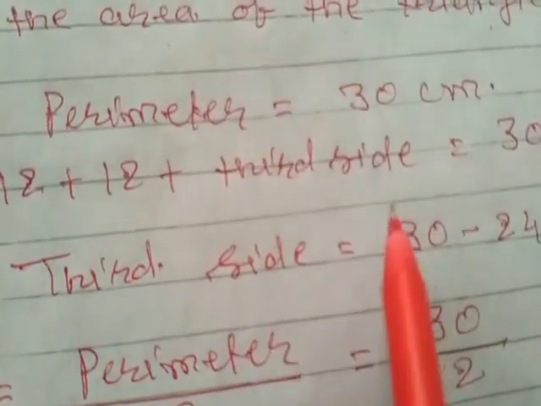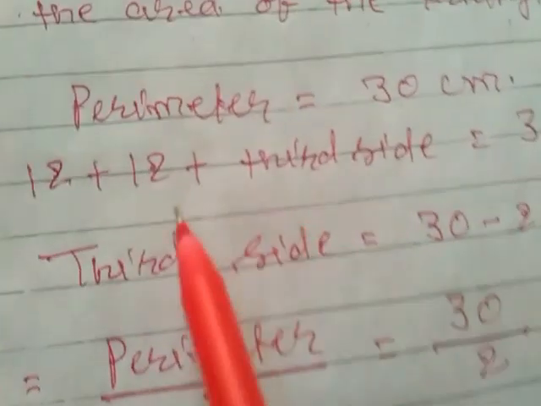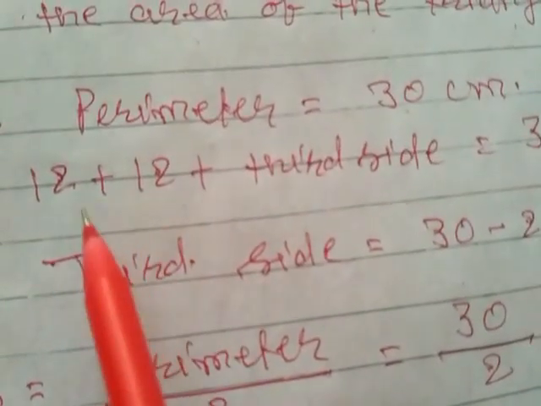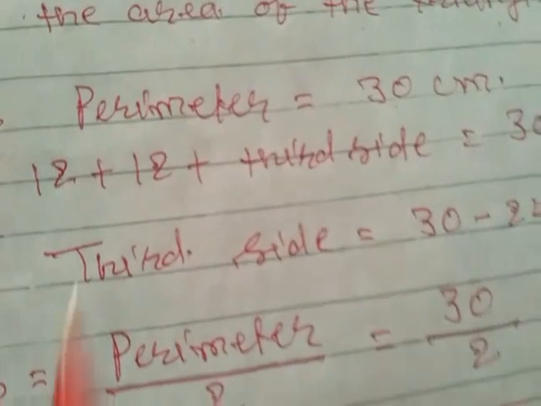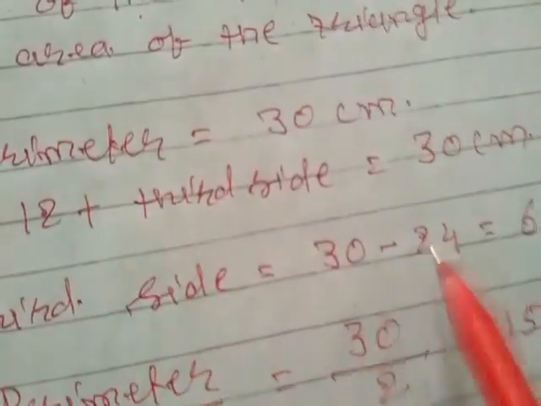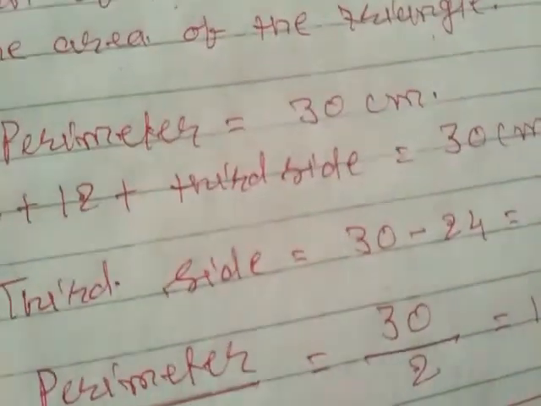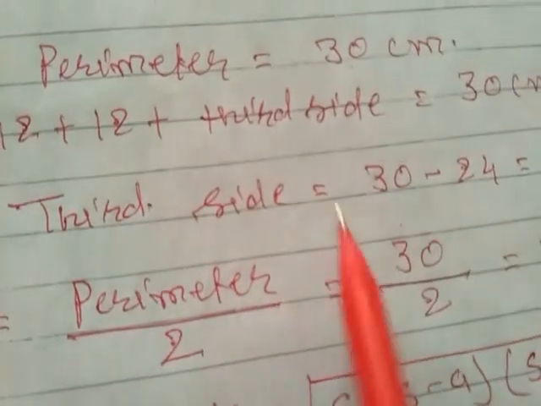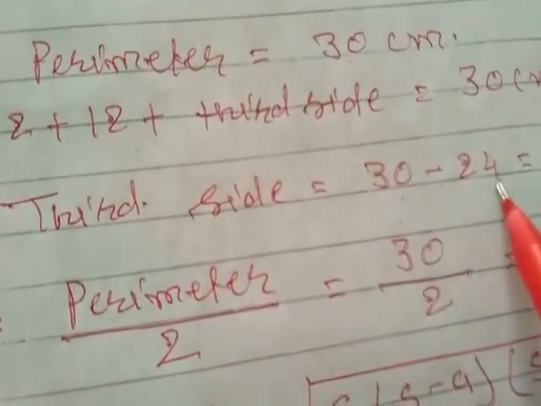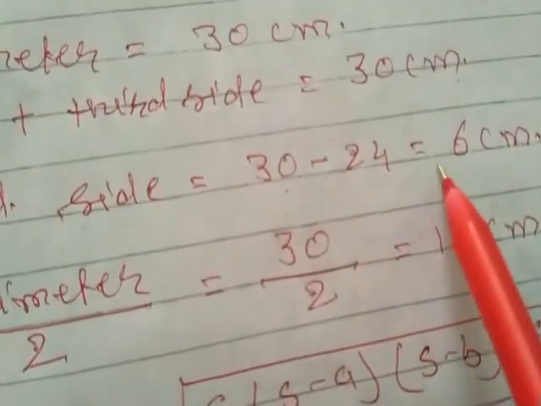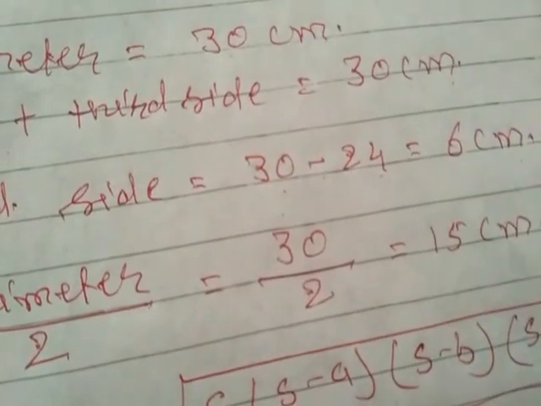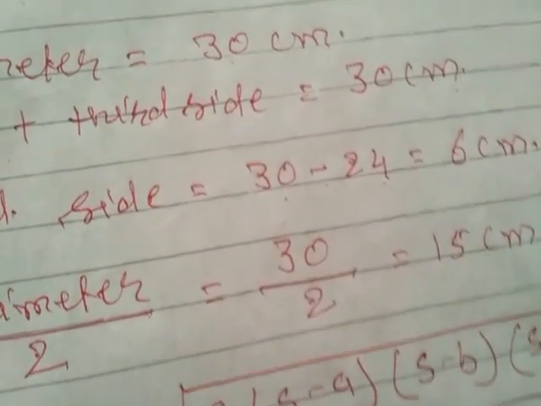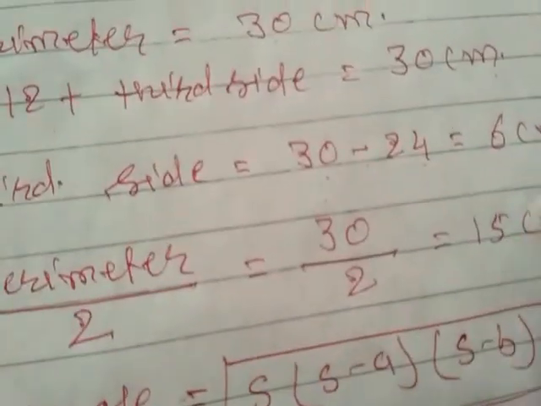So applying Heron's formula, first let us find the value of S. S equals perimeter by 2. That is equal to, perimeter was 30, divided by 2. On further solving it, 30 divided by 2, we will have the value 15 centimeter.